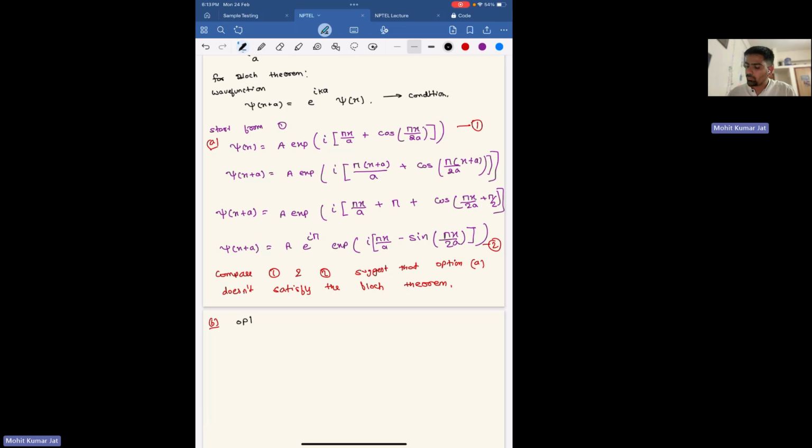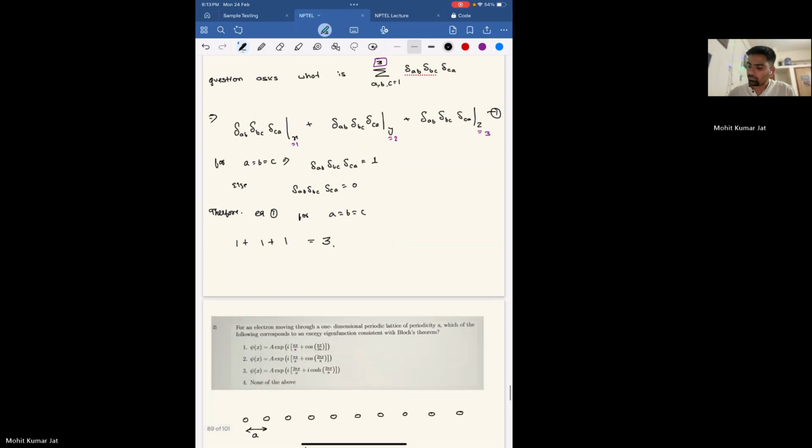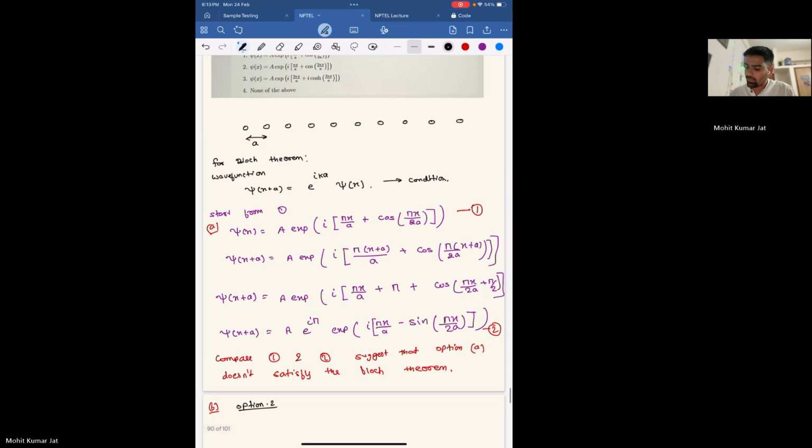Option number 2 is psi x equals a exponential of i pi x by a plus cosine 2 pi x by a.